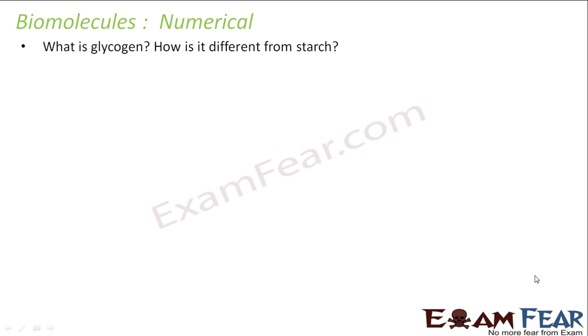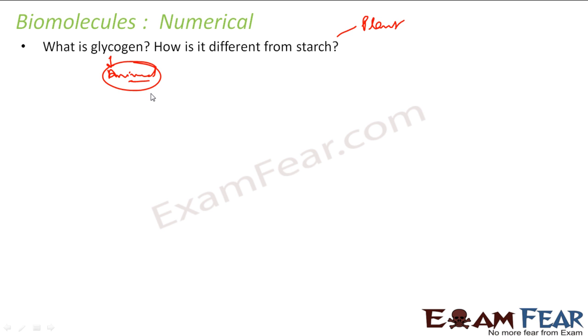The next question is, what is glycogen? How is it different from starch? It's almost the same. Starch is for plants and glycogen is for animals. Glycogen is a polysaccharide. Starch is also a polysaccharide, but glycogen is used in animals and starch in plants. Starch is of two types, amylose and amylopectin.